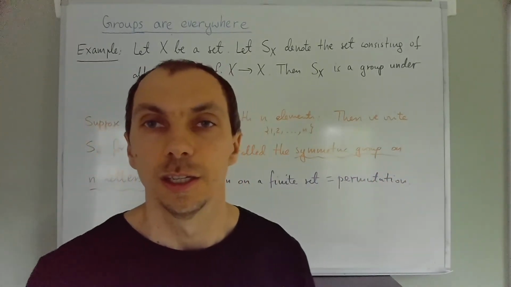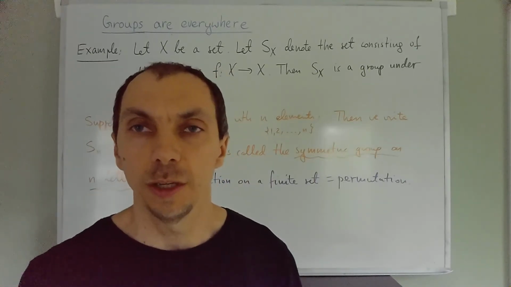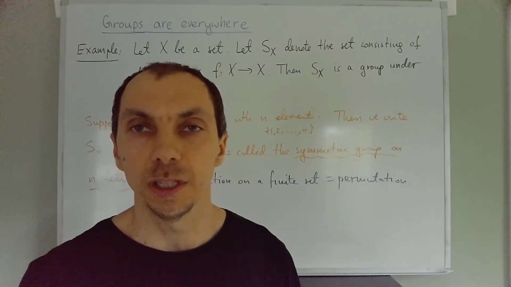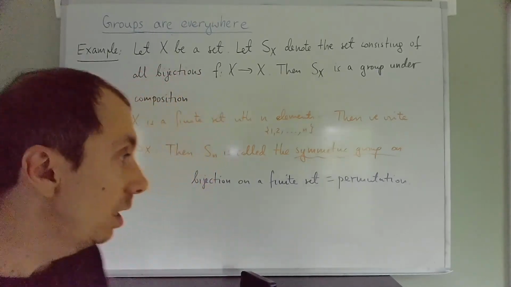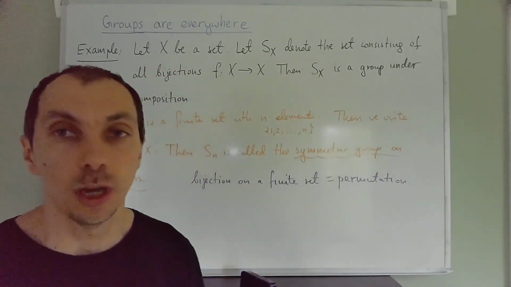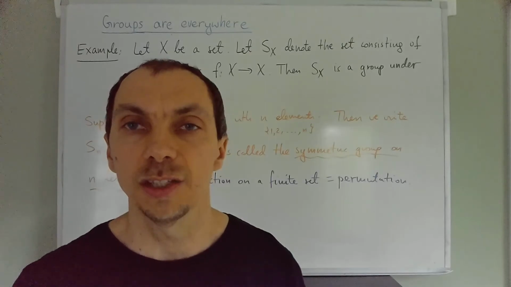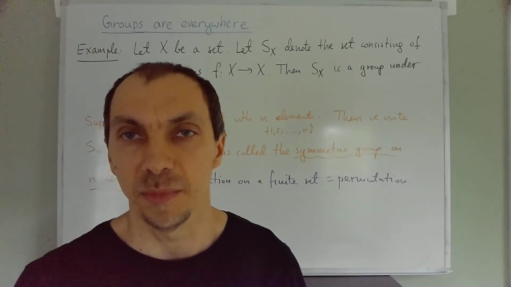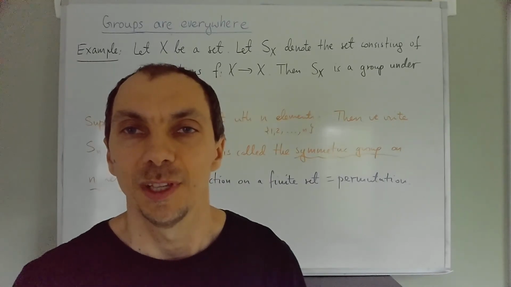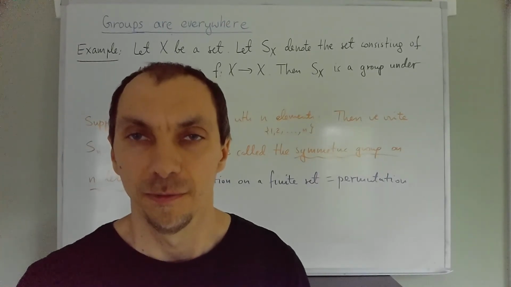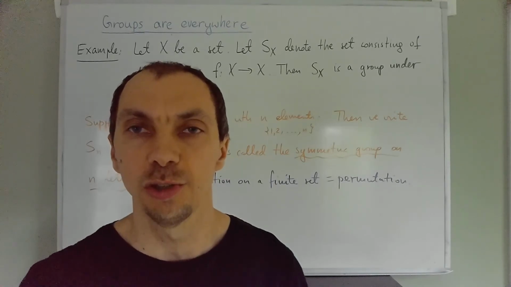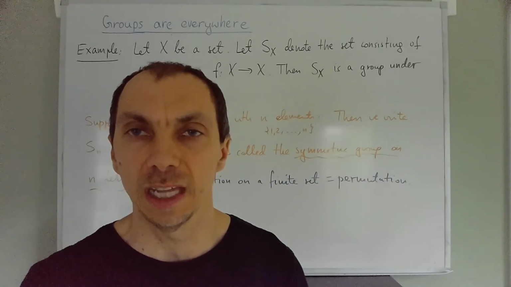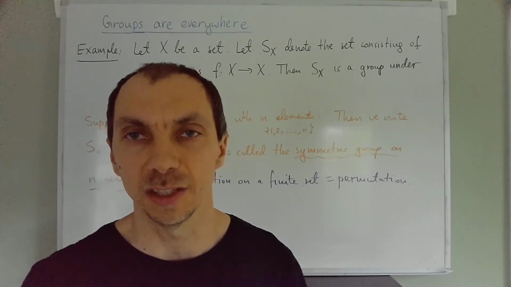Secondly, many of the groups we looked at so far were abelian. But here the operation is composition of functions. As you well know from other areas of mathematics, if you compose two functions from the same set to the same set in two different orders, rarely do you get the same function.